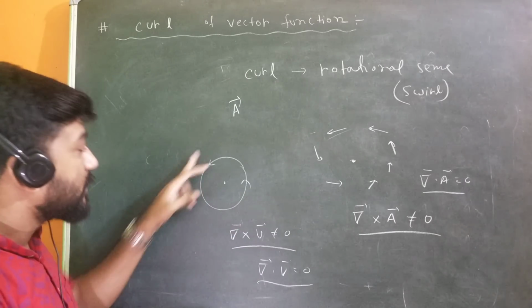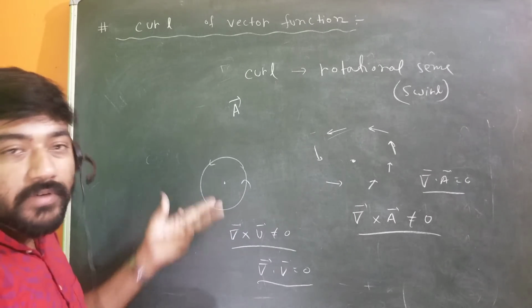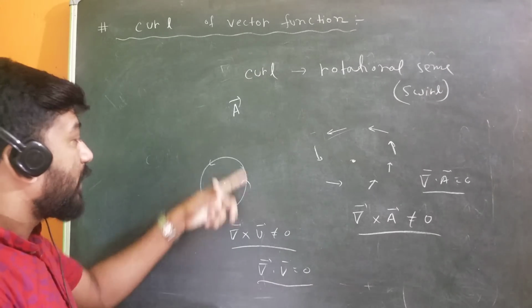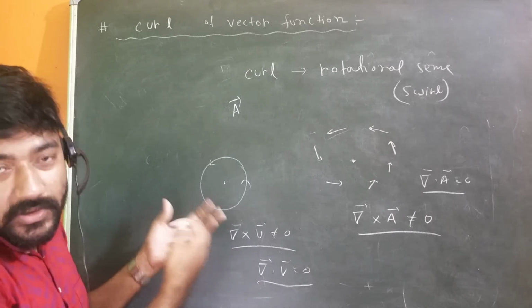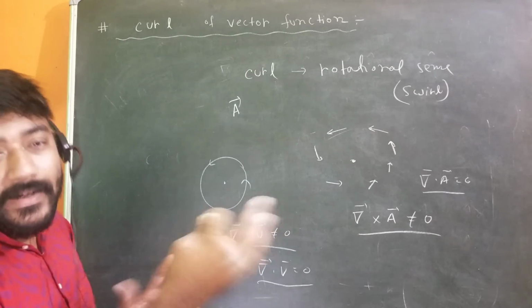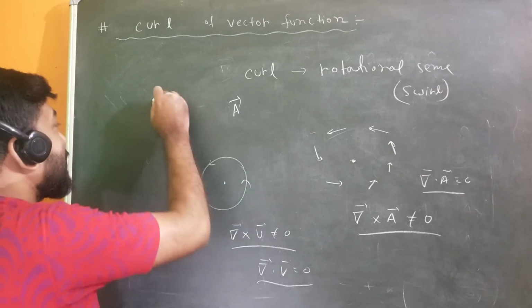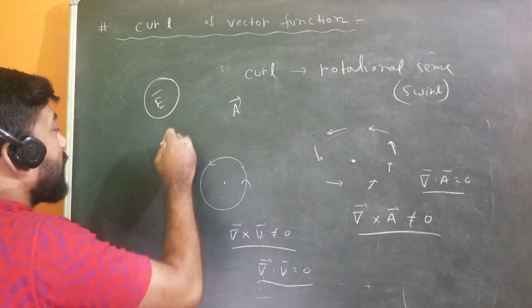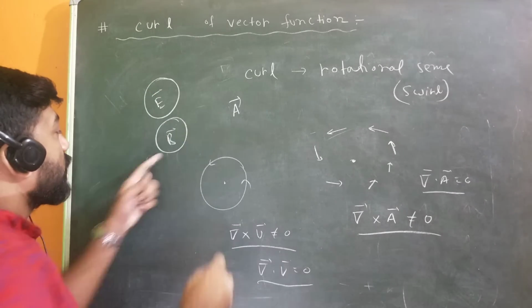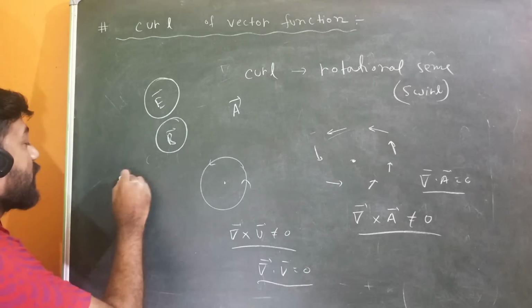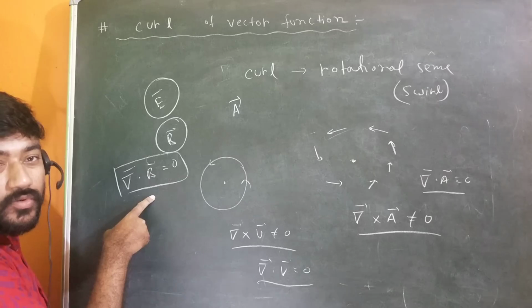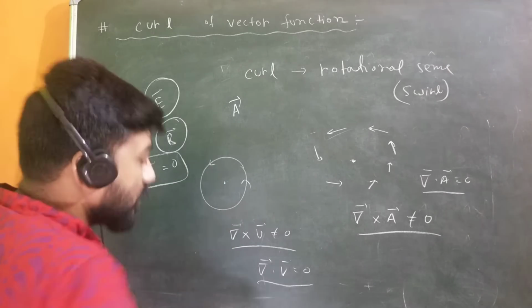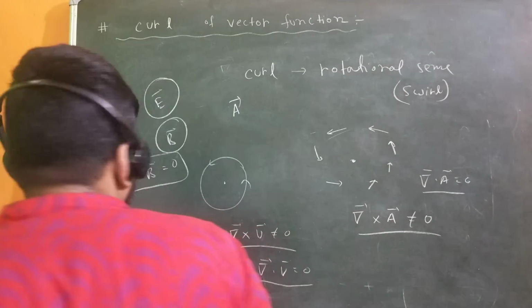This is about the velocity vector of the liquid. Velocity is a physical quantity, but in electricity and magnetism, as we have discussed earlier for the electric field, we now have to discuss the magnetic field also. The divergence of the magnetic field is always 0 because B is solenoidal, there is no source or sink, but the field lines are closed.